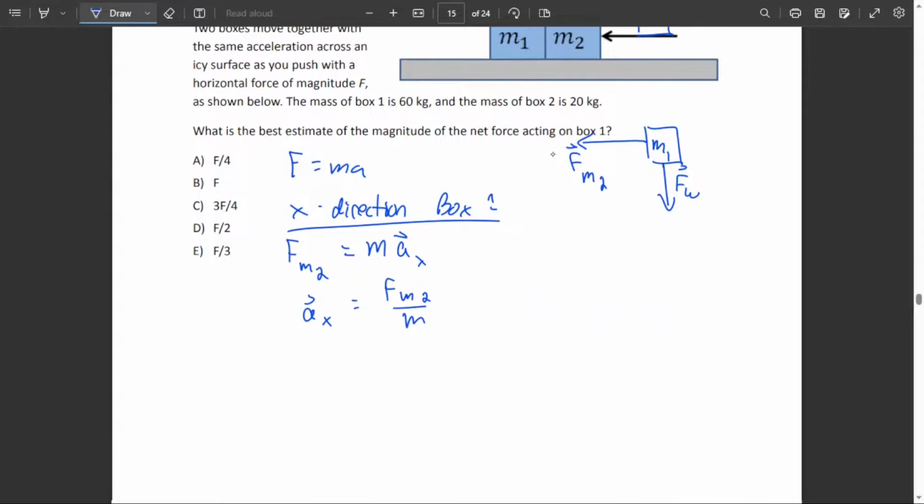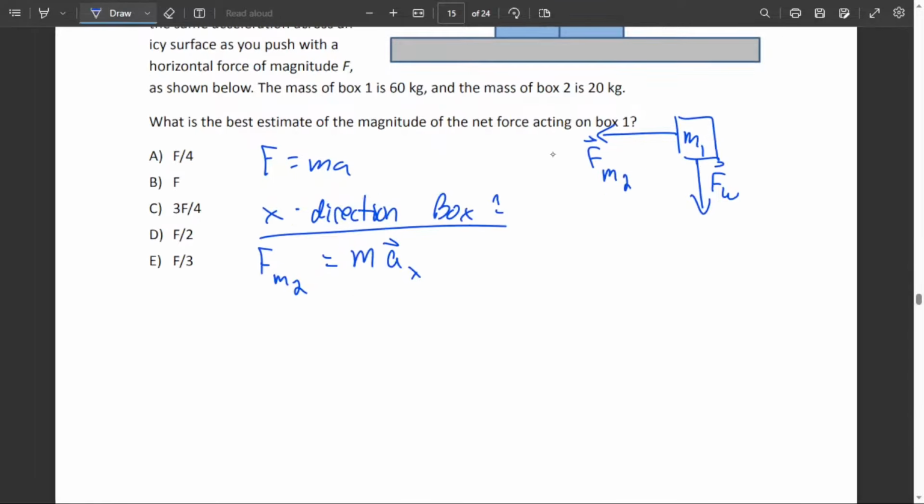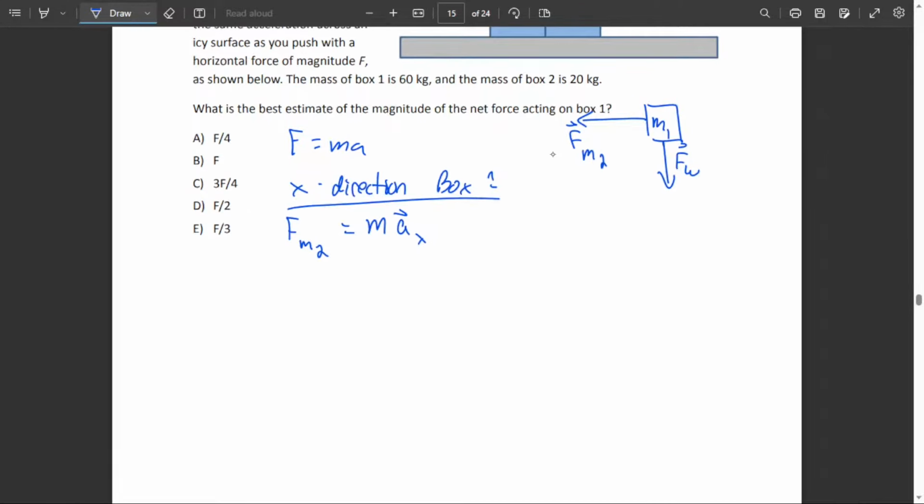So F of M2 is the quantity that we want to calculate, and whatever that is in terms of F will give us our answer. I'm realizing now we probably should have kept it in these terms. This is the thing that we want to calculate.